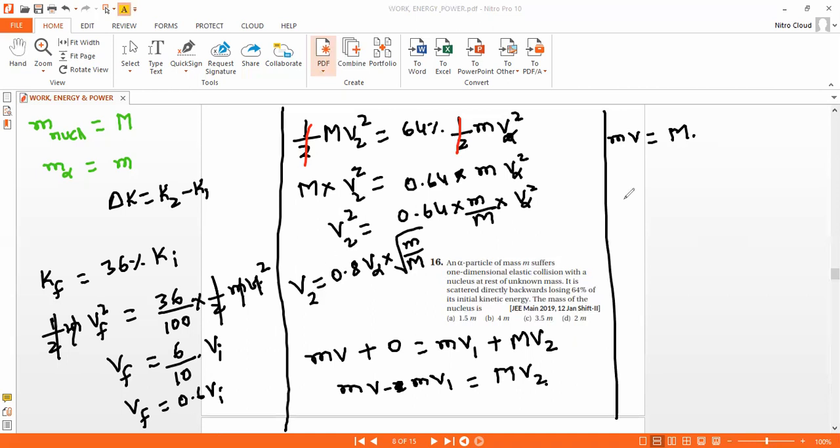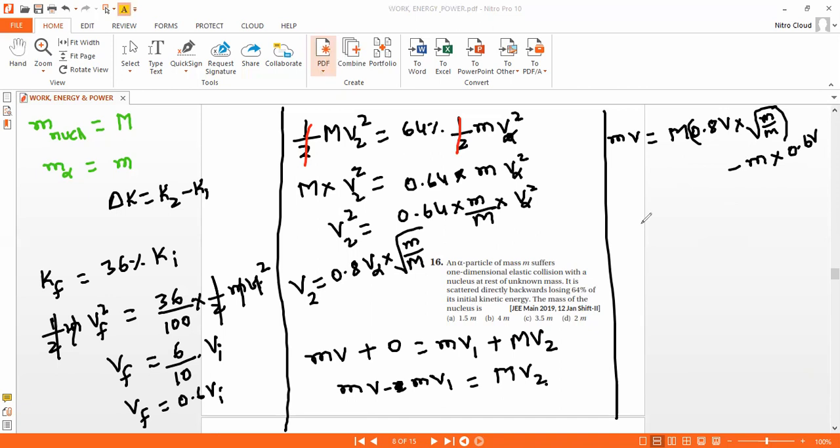I got it as capital M into 0.8 v into under root small m by capital M, minus small m into the final velocity, which we got as 0.6 v.